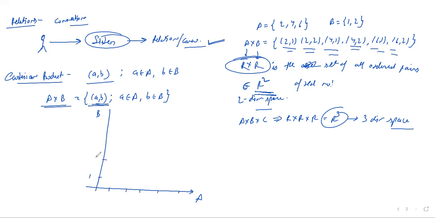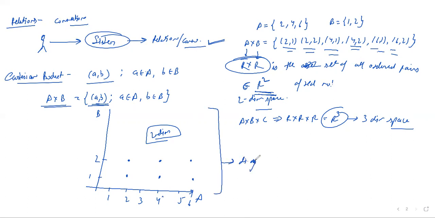I have (2,1), (2,2), (4,1), (4,2), (6,1), (6,2). So I have represented this Cartesian product in the two-dimensional plane like this. This is the diagrammatic representation of the Cartesian product.